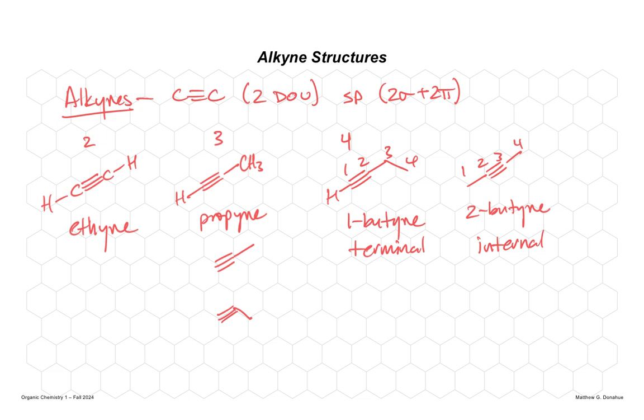Could you draw 3-methyl-1-butyne? So 3-methyl-1-butyne, that's going to be a 5 carbon alkyne.